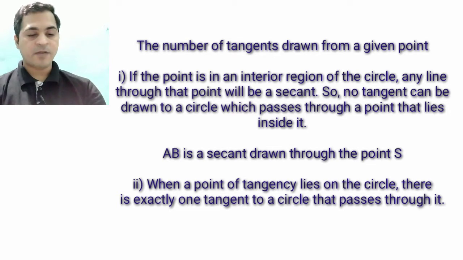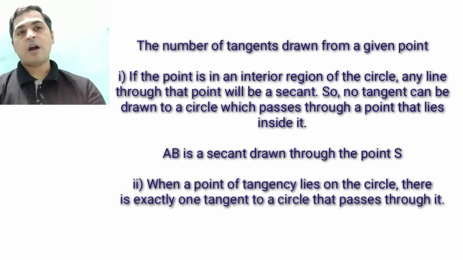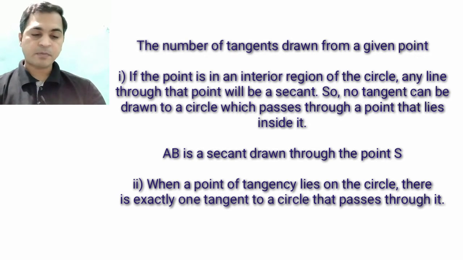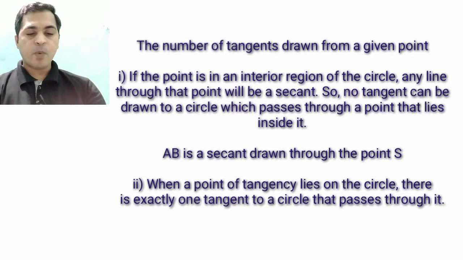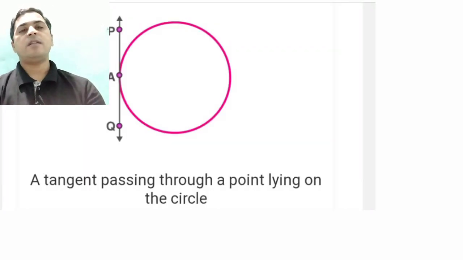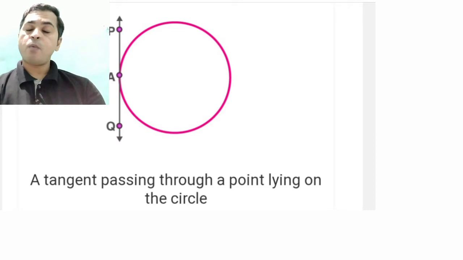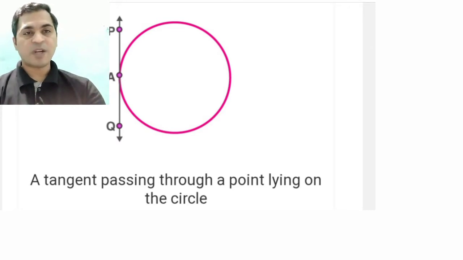In the previous figure we have seen that when a point of tangency lies on the circle, there is exactly one tangent to the circle that passes through it. How many? One tangent, right? Okay students, now moving to the next slide, you can see a tangent passing through a point lying on the circle. From one point of the circle, how many tangents can pass? One tangent.